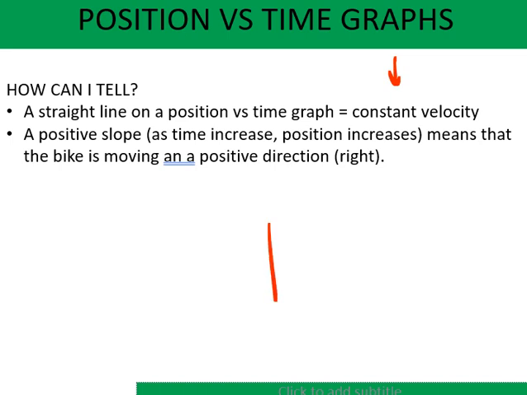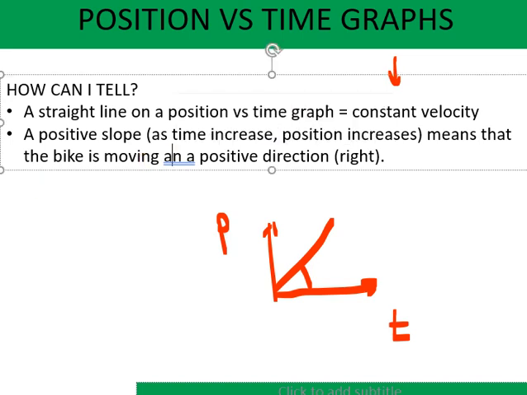So if you see a line which is straight, it's constant velocity. A positive slope, like this one, where the position increases with the time, means that the bike is moving in a positive direction.